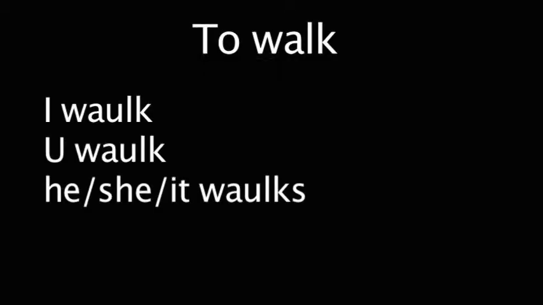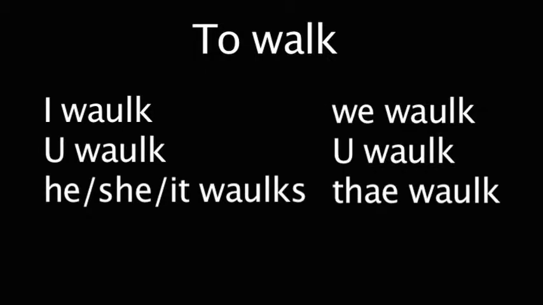We take the verb, the simple form of the verb, we sometimes call that the base verb, and we don't change it very much. So we would say, I walk, you, for one person, walk, he, she, or it walks. We walk, you, for more than one person, walk, and they walk.